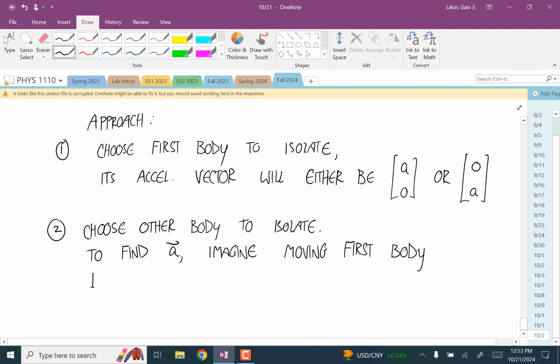It doesn't really matter how far, but just imagine moving the first body a little bit in its positive direction. That'll tell you how to represent the acceleration of the second body. Okay.